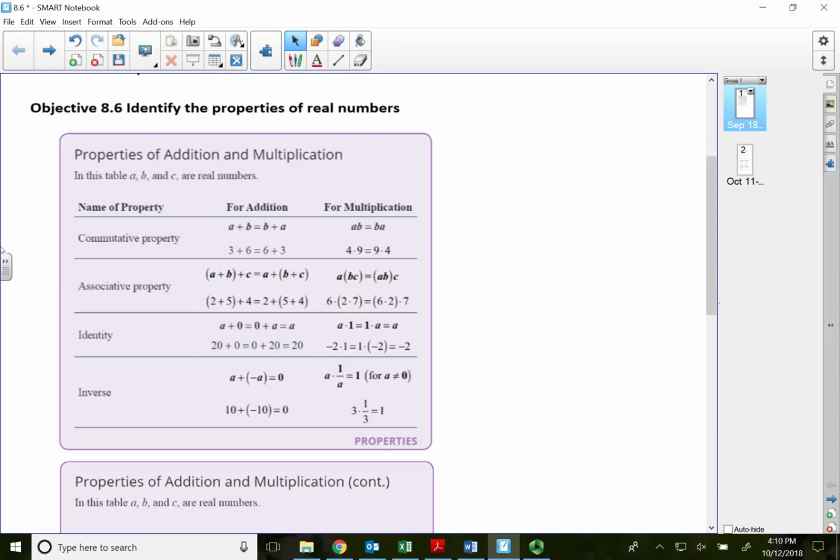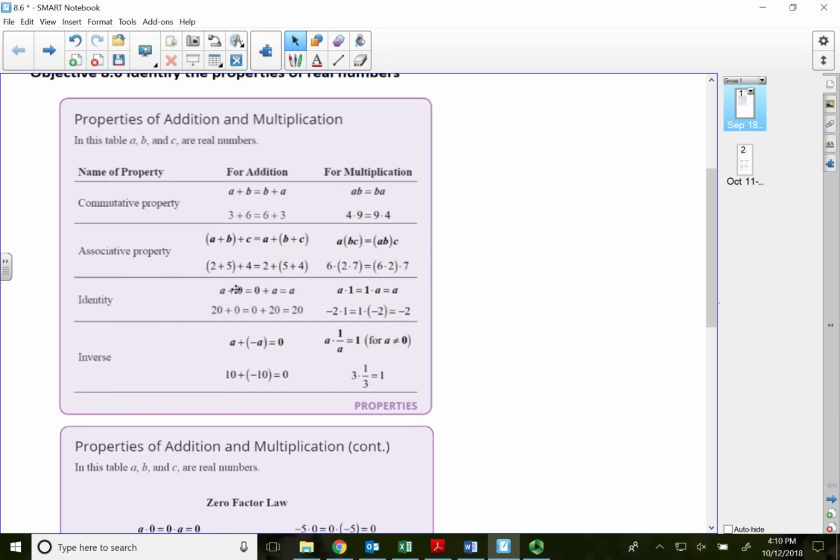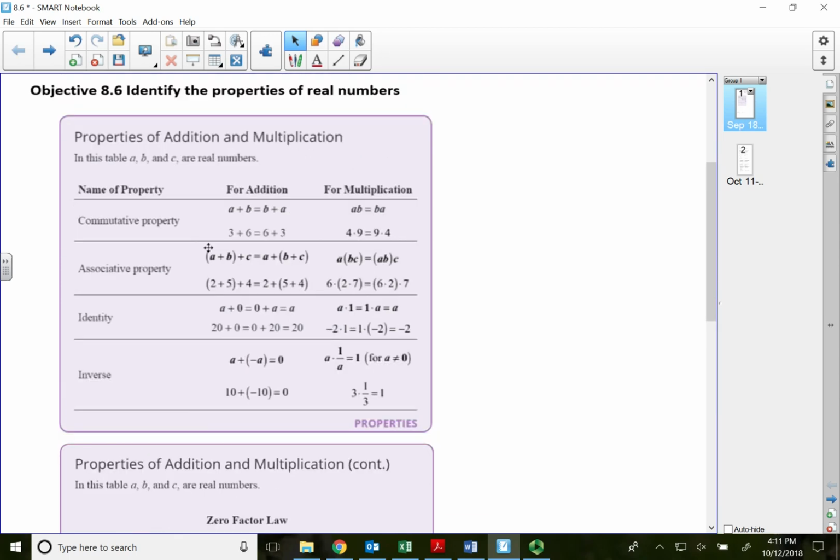One of the very first properties we mentioned before is called the commutative property, for addition or multiplication. It says that for any real number a plus the real number b is exactly going to be b plus a.